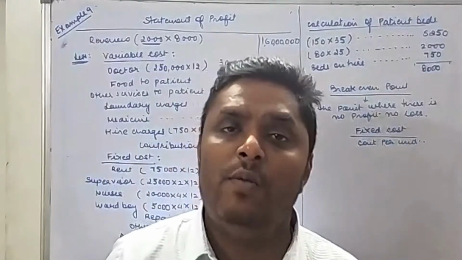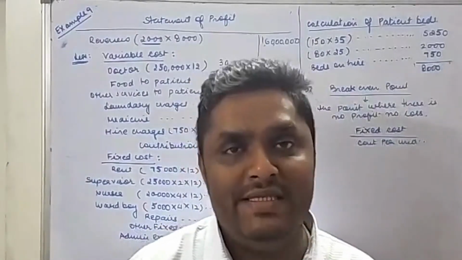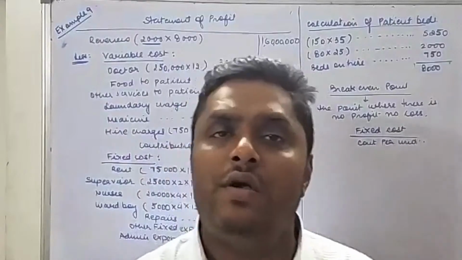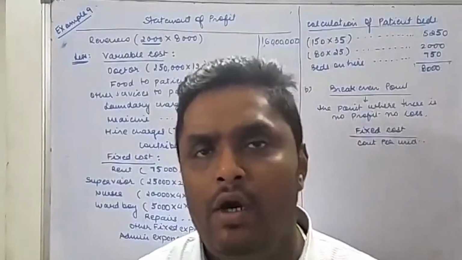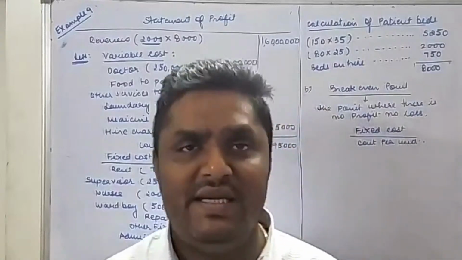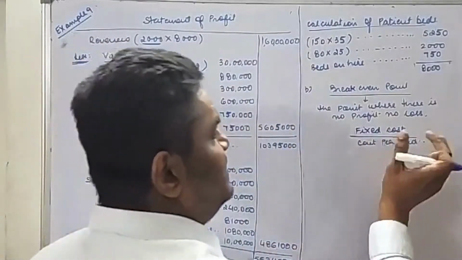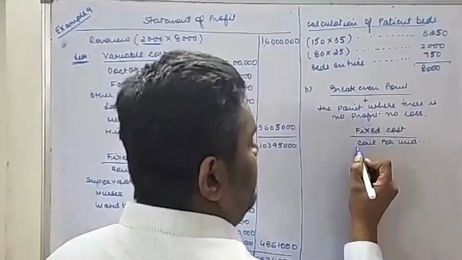Why this formula is used, that also I'll be discussing in marginal costing. As I said, there are no formulas in cost accounting, so I'll not be using any formulas. What's the logic behind these formulas, I'll discuss in detail in marginal costing. But as of now, for your reference, it is fixed cost divided by contribution per unit.